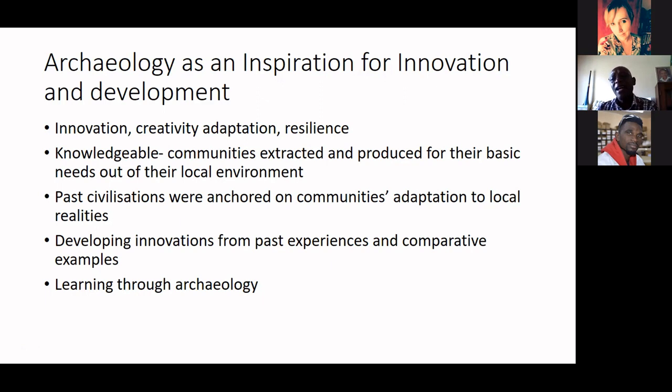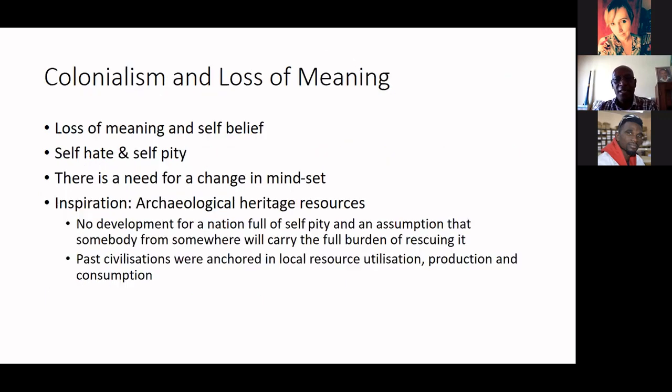This can be done in a very modernized way, but the key idea is that we can learn through archaeology. We should not only learn about archaeology, but we should learn through it.